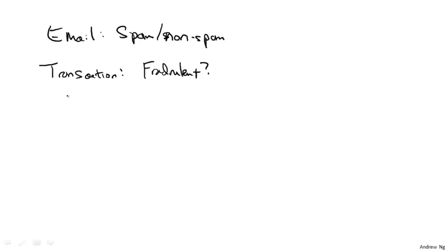Or in the medical domain, if you look at, say, a tumor and want to tell if it is malignant or benign, then that's another example of a classification problem.